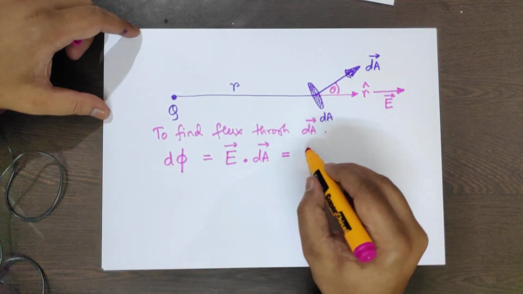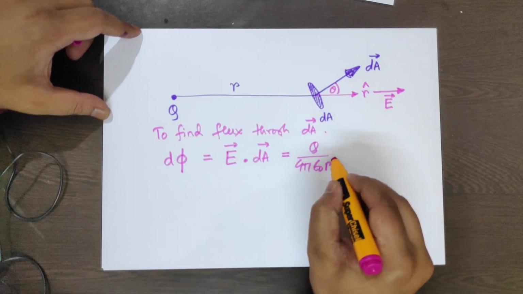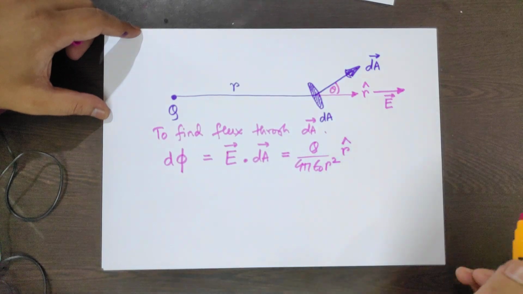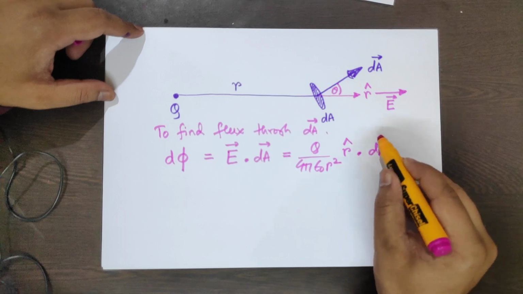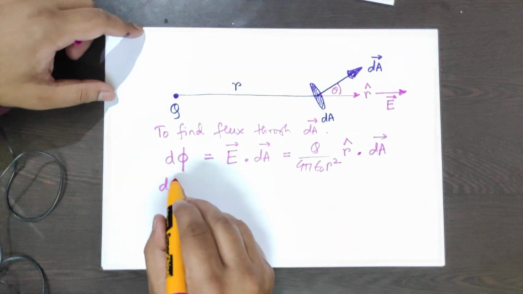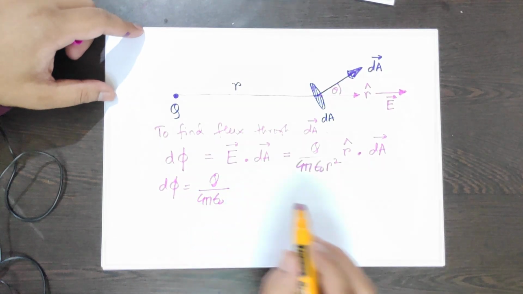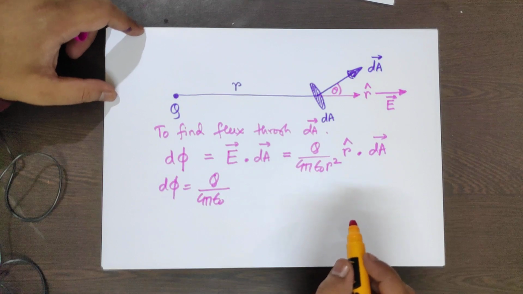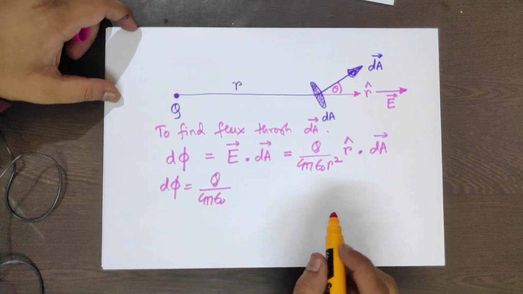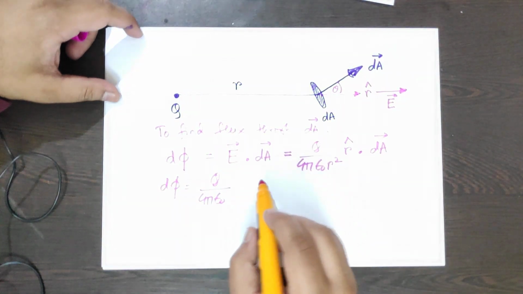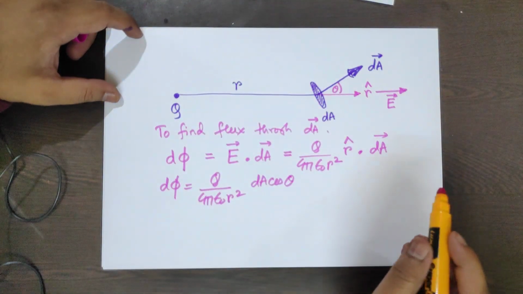E is q by 4 pi epsilon naught r square into r cap, dotted with dA. So d phi is equal to q by 4 pi epsilon naught r square multiplied by dA cos theta, right?